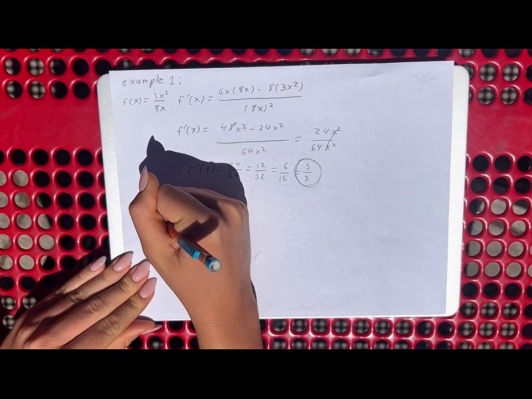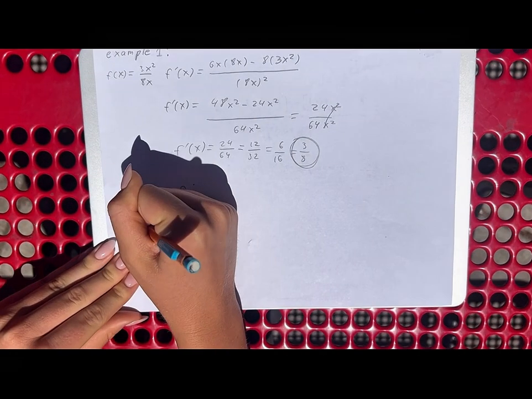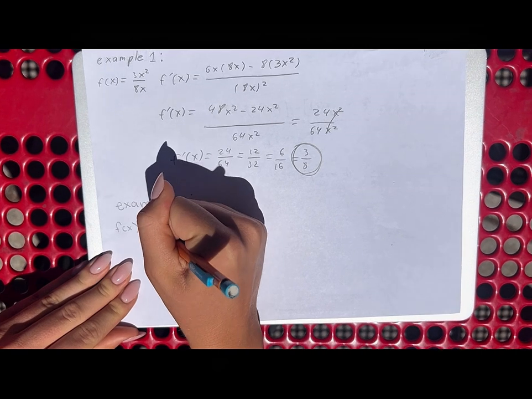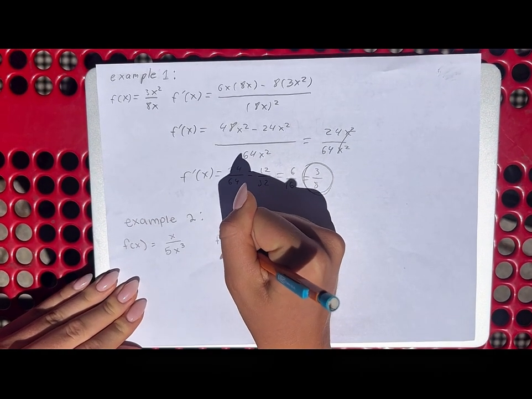Okay, next we have Example 2, done by Maylen. So this time we have a function f(x), and f(x) is defined as x over 5x cubed.